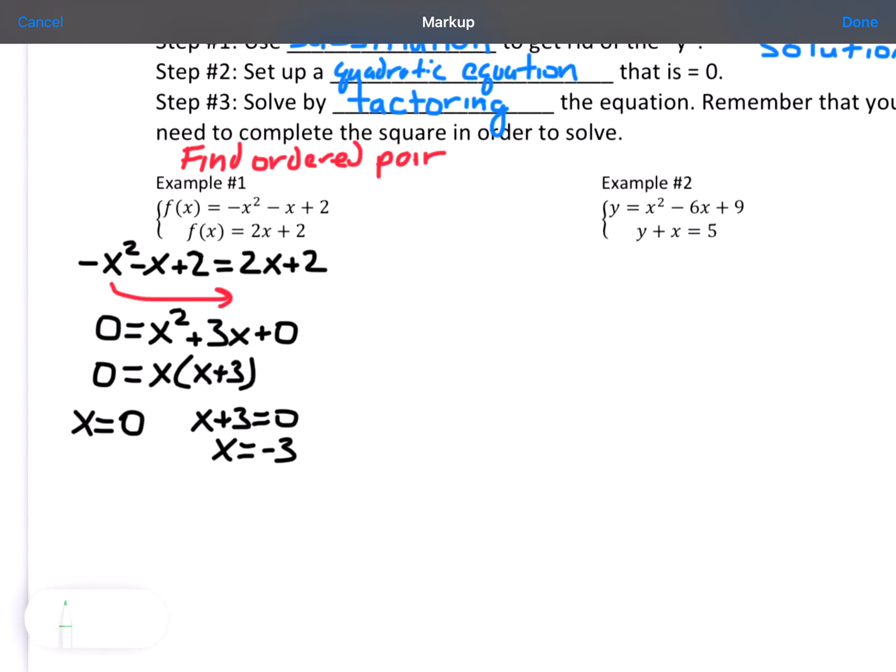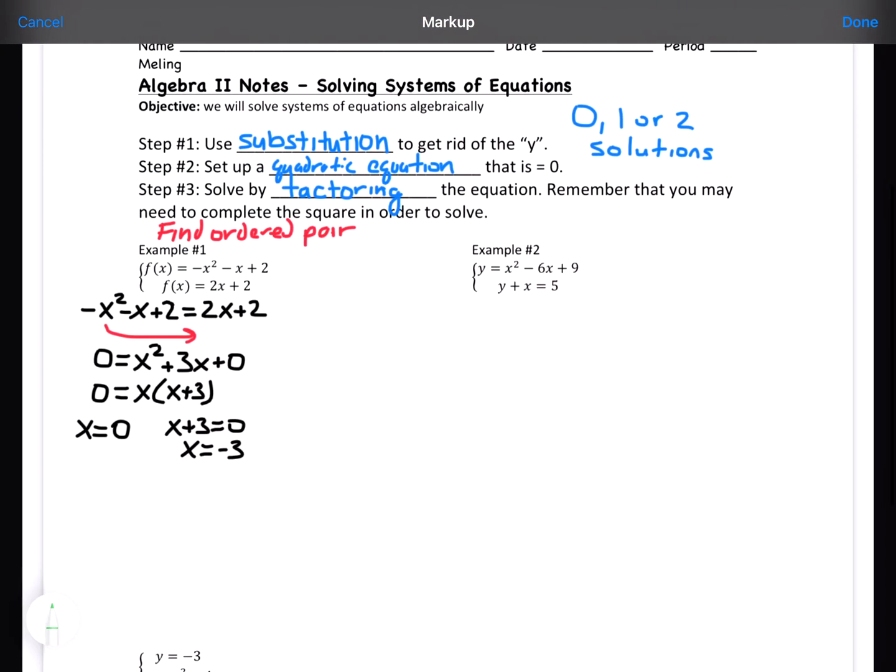Now, when we're finding our ordered pair, you can plug in your x value into either equation. I would say plug it into 2x plus 2 because it's easier to solve. But either one you plug into, it's going to work the same way. So f of 0 is 2 times 0 plus 2, which equals 2. So our one point is at 0, 2.